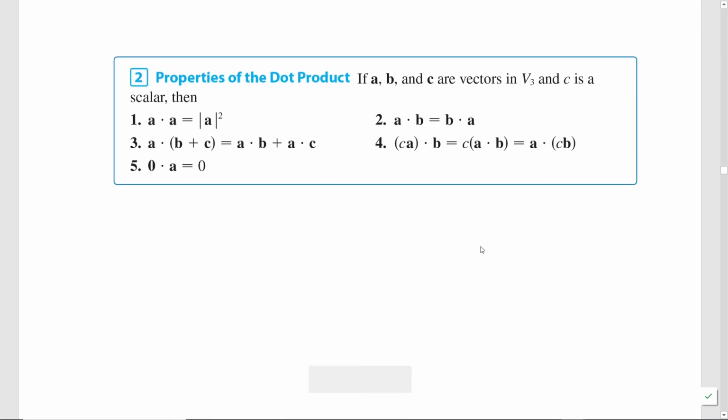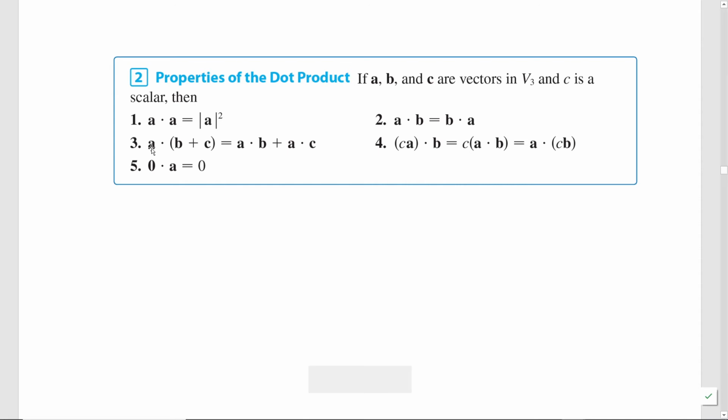Now we'll discuss various properties of the dot product. If A, B, and C are vectors in a three-dimensional space, and c is some scalar, then the listed 5 properties hold true.